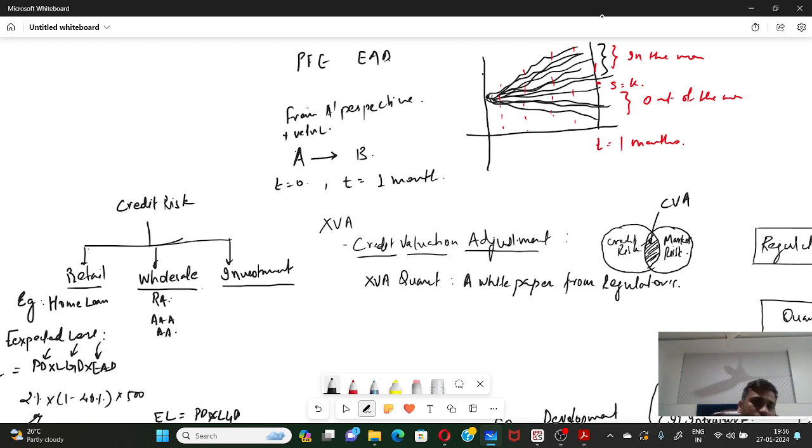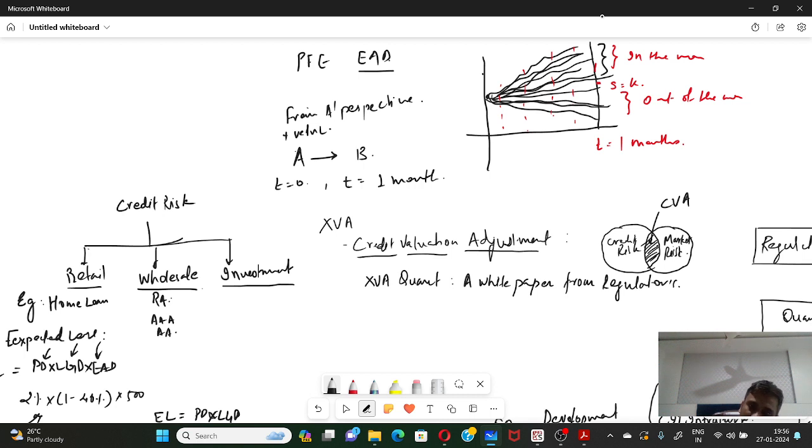This exposure to default comes from the conditional exposure, wherever it is in the money, only that is what A is worried about. Out of the money, A has anyways lost the bet, so in all those cases it is B who is worried about whether or not A will pay. That's not a risk from A's perspective. The risk from A's perspective is that A has won the bet, but B will not pay up that amount of capital. Now, in the context of credit risk, this is the exposure at default.